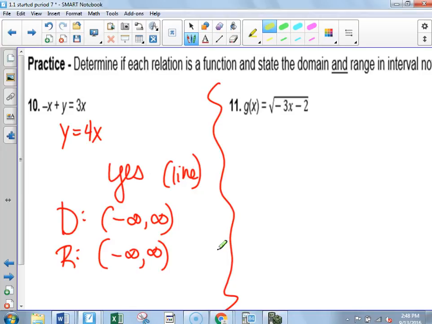Okay. Number 11, is this a function? You could graph it. Is there anything we're going to put in and get out 2 different answers?